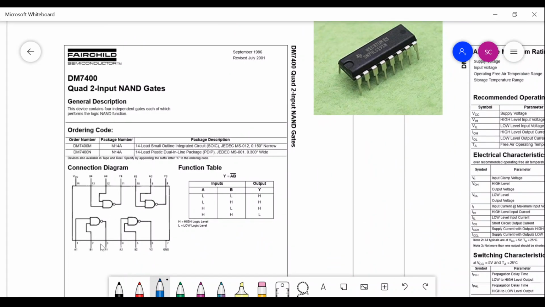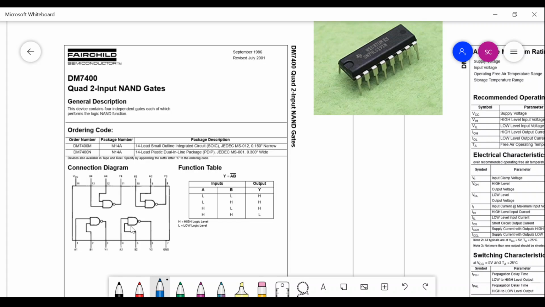You see these are the gates inside this chip. So 7400 will also look very similar to this, and inside that chip, the circuit that has been made will have NAND gates in this fashion.